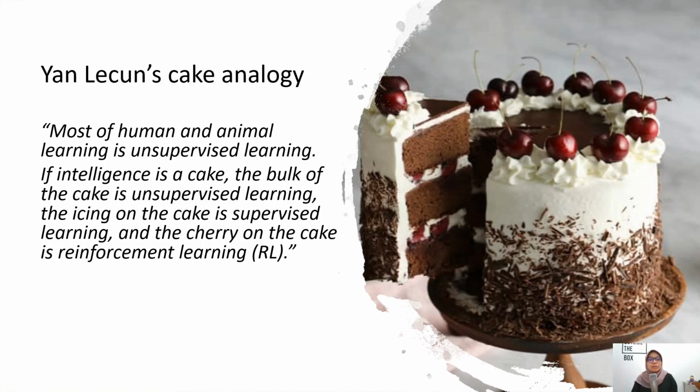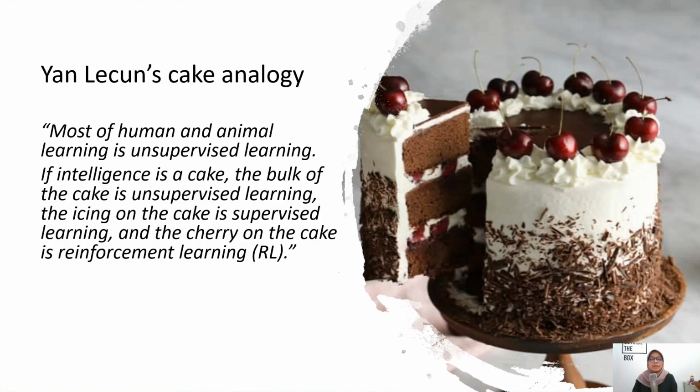He said in one of the conferences, NIPS in 2016, if I'm not mistaken, that most of human and animal learning is unsupervised learning. And if intelligence is a cake, the bulk of the cake is unsupervised learning, the icing on the cake is supervised learning, and the cherry on the cake is reinforcement learning.